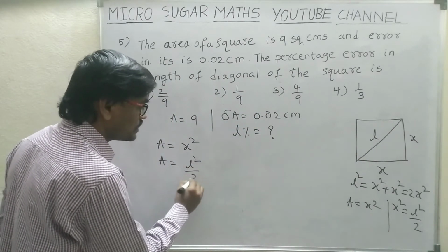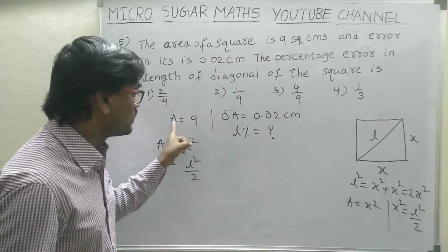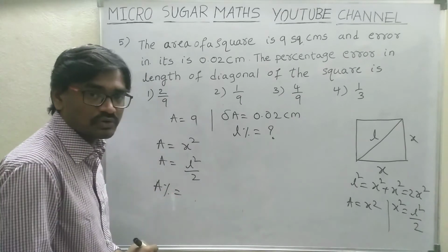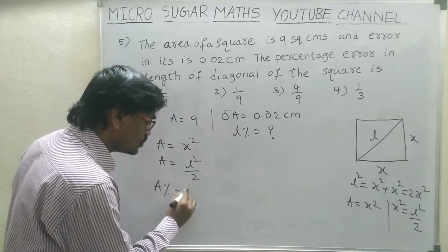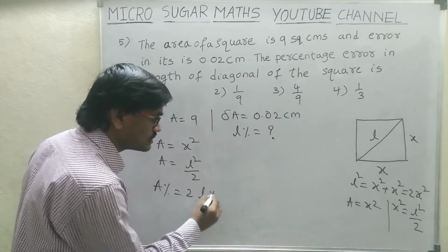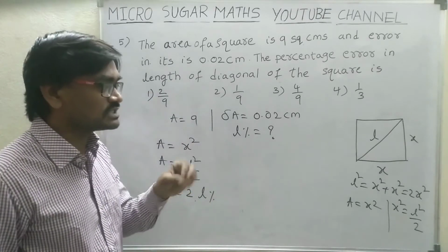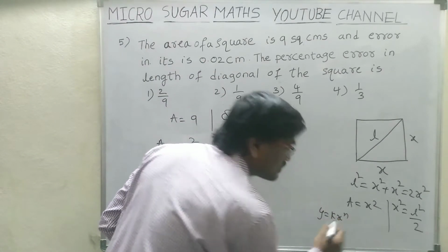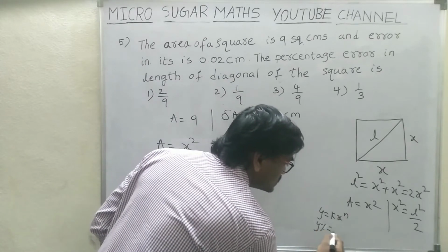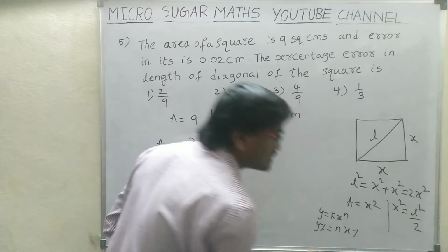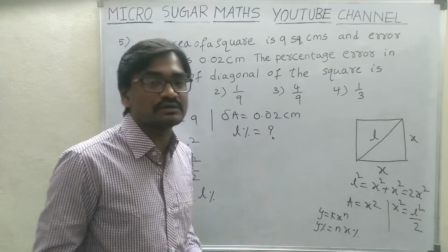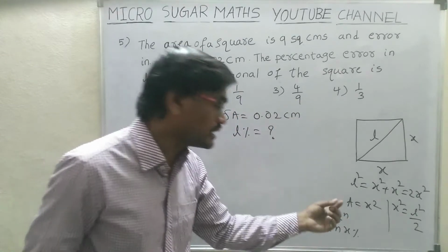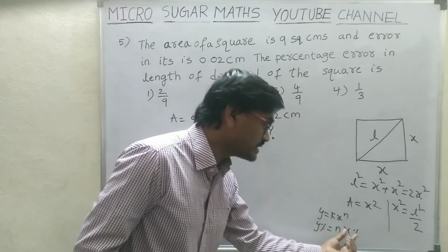Now write A percentage and L percentage. A percentage is equal to, what is the L power? 2. 2 into L percentage. Don't write 1 by 2, the constant, because we have a formula y is equal to k x power n. Then your y percentage is equal to n into x percentage. Don't write any constant. Just write y percentage is equal to n, the power, into x percentage.